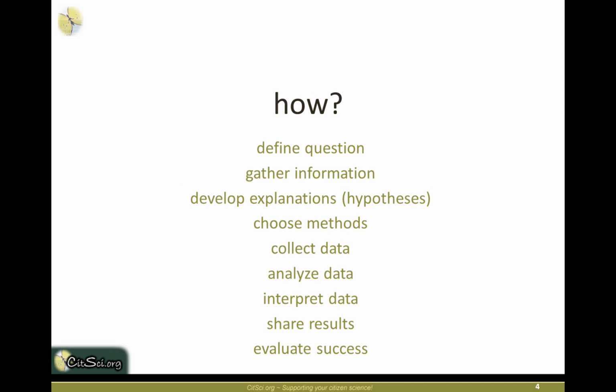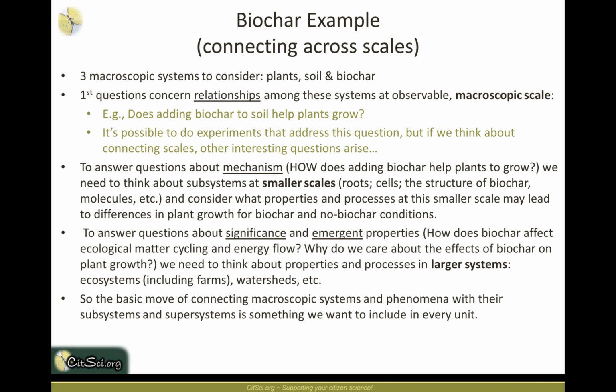In many cases, we can think about it as defining our question, gathering information, developing explanations, choosing methods, collecting data, actually going out in the field, boots on the ground, collecting data, and then exploring, analyzing and interpreting that data online once collected and shared across groups collecting the same data, for example, and then sharing results and evaluating success.